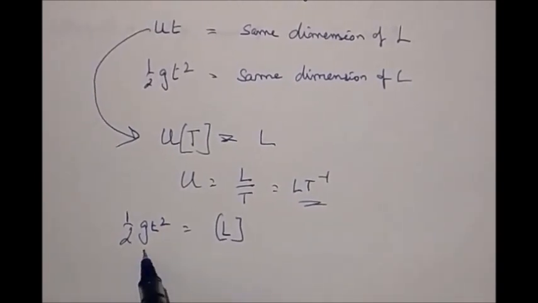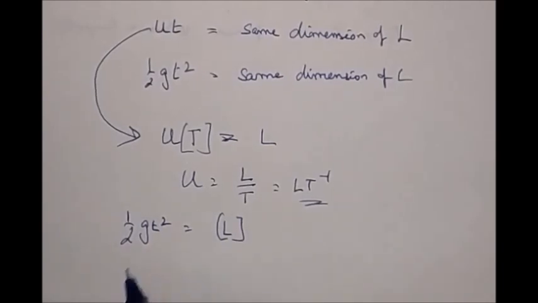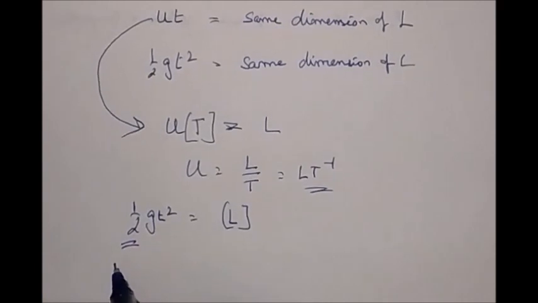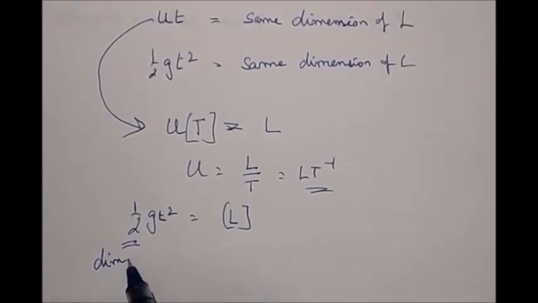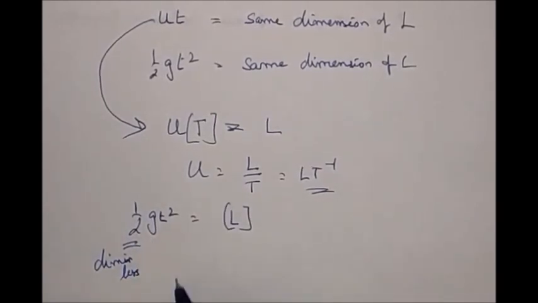Now g is a constant, we know this one, but this dimension they have not given, they have asked us to find out. Half is a dimensionless quantity, so we don't have any dimension for this one. So I'll write dimensionless. And g is the one which you need to find out.